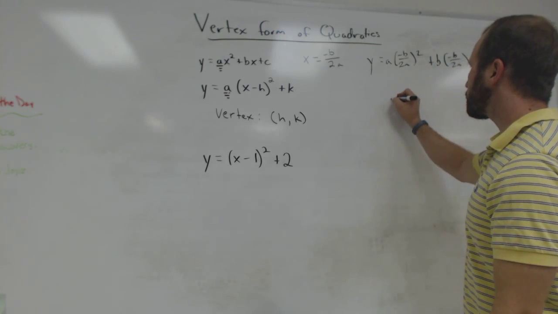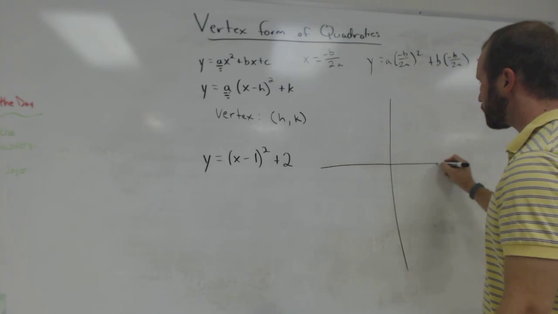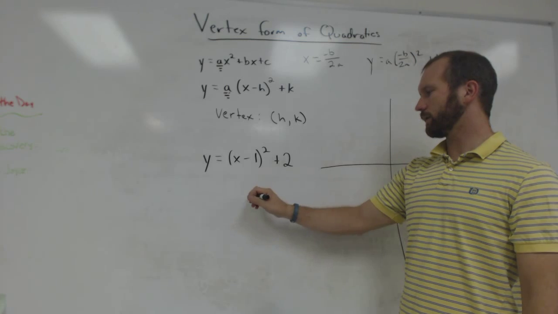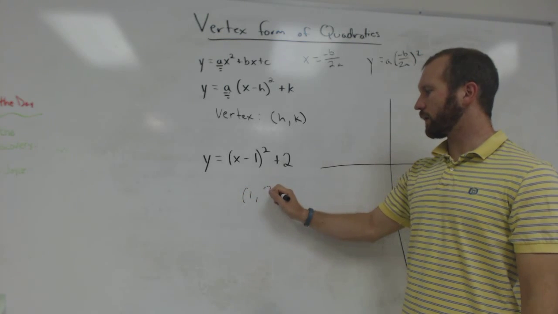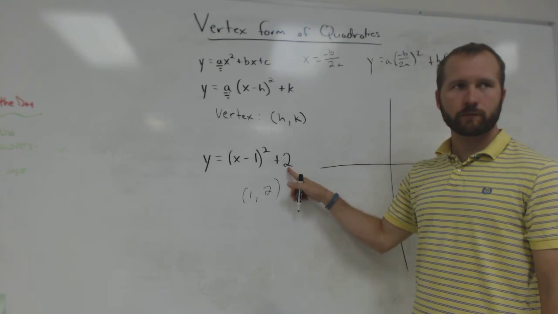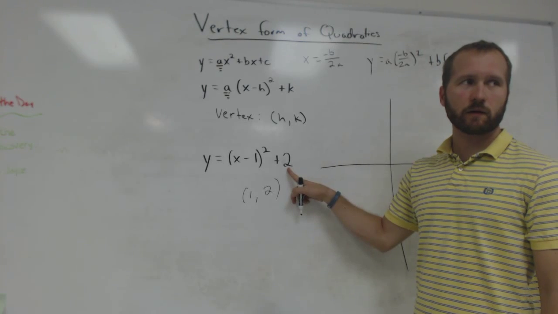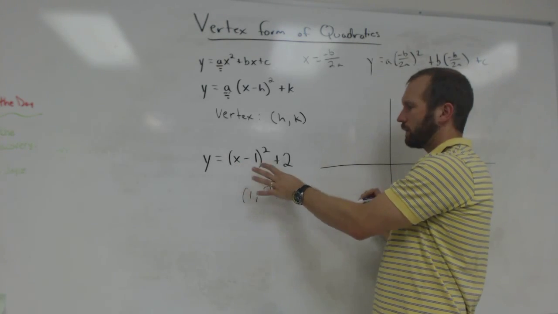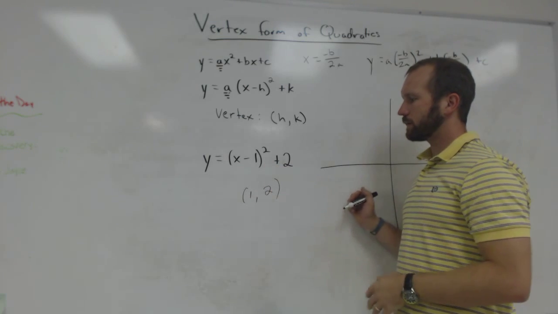Alright, so to graph this, watch how simple this is. My vertex is 1, comma, 2. Remember, it's the negative of this, and it's exactly this.